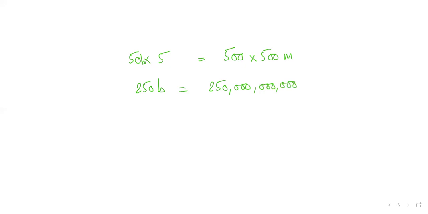And with billion, you have to add 9 zeros. So 250 and 9 zeros, 1, 2, 3, 4, 5, 6, 7, 8, 9, right? So it is giving you the same value. So the two sides of the equation are the same.